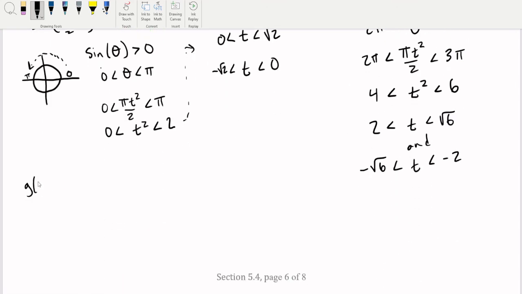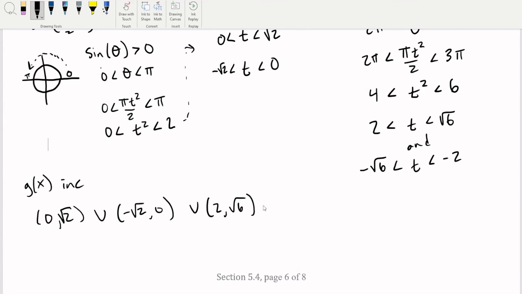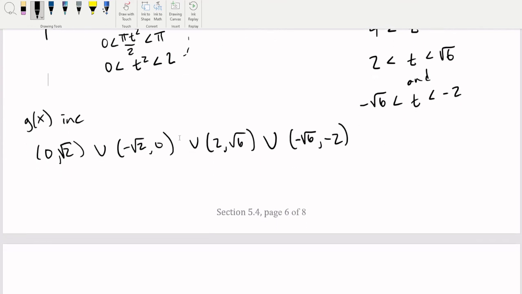G of x is increasing between 0 and √2, between -√2 and 0, also between 2 and √6, and also between -√6 and -2. So it's all of those places it's increasing, and it's going to be decreasing everywhere else.